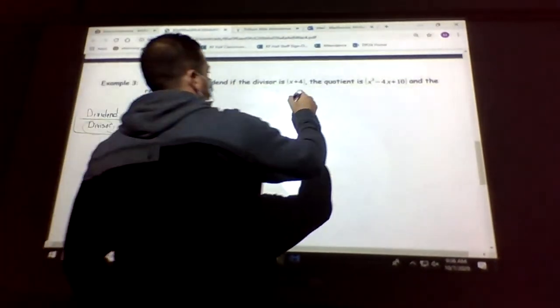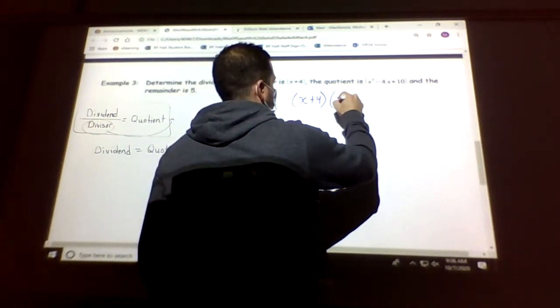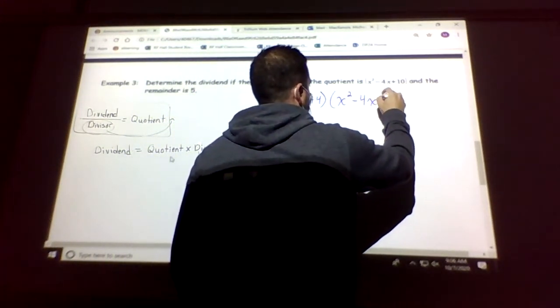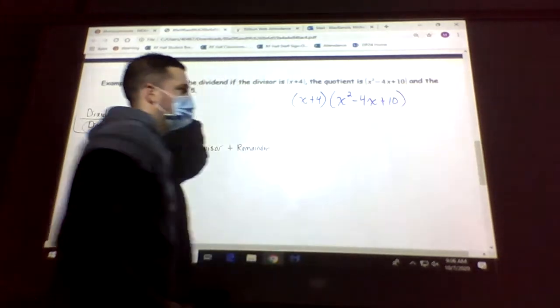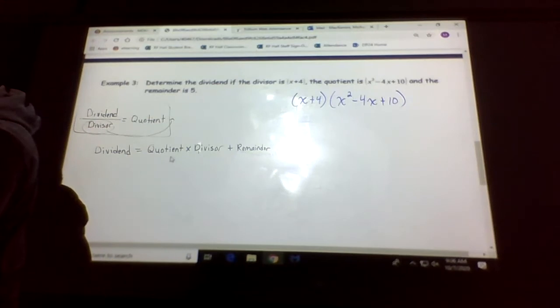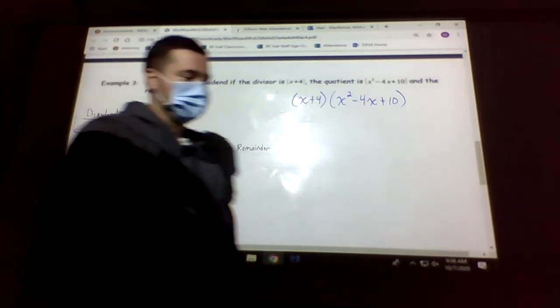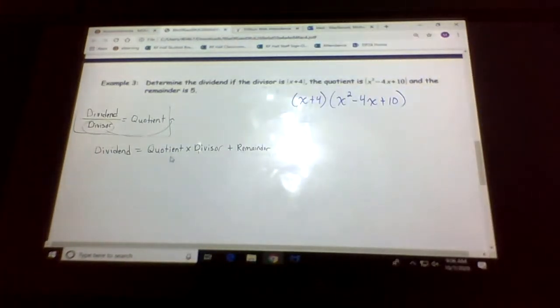So let's multiply it: x plus 4 times x squared minus 4x plus 10. We're doing FOIL, or double distribution as I say.